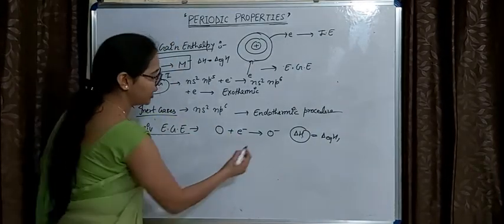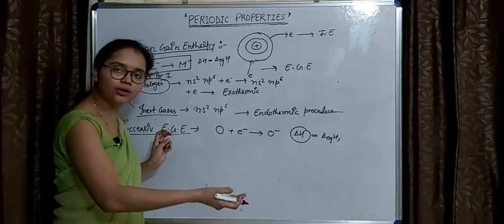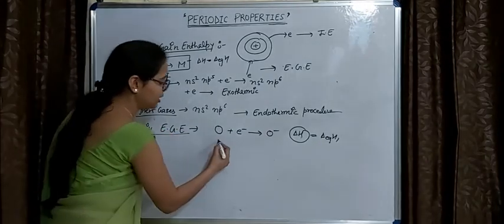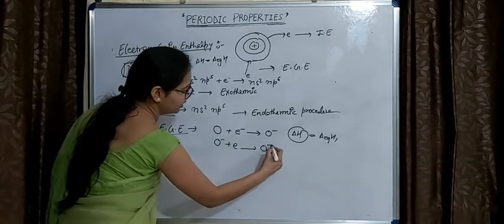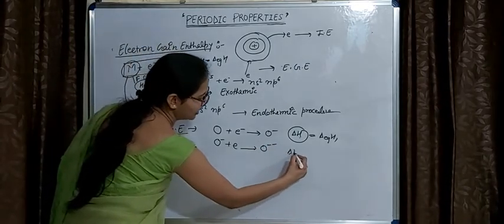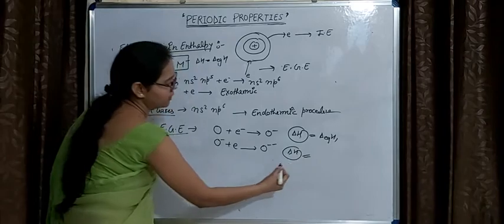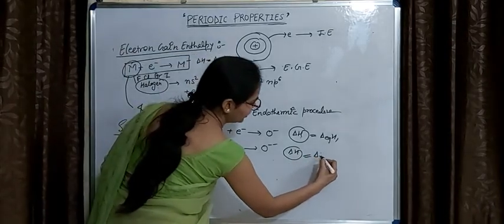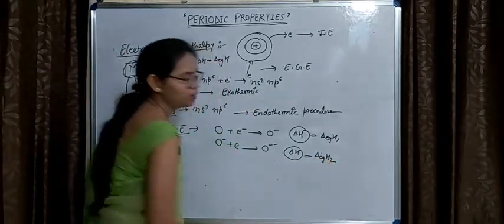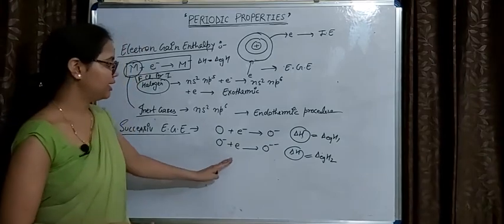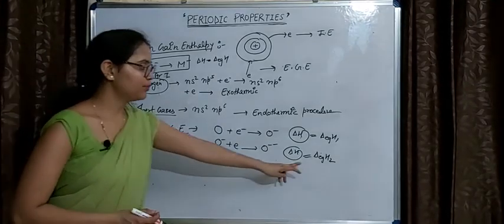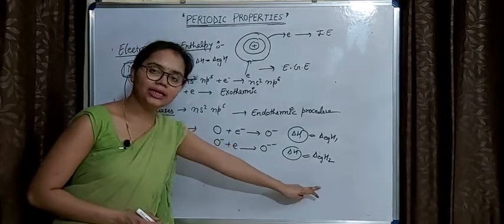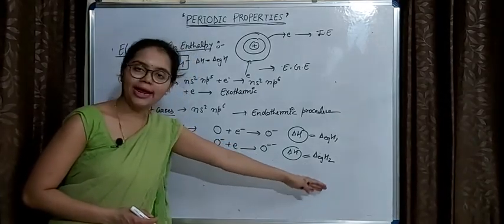Okay, now if we want to add more electron to the same species, then it will be converted into bivalent ion, and the enthalpy change in this procedure will be known as delta EgH2. Okay, similarly we can add third electron, fourth electron, fifth electron, so we will get delta EgH3, delta EgH4 and so on.